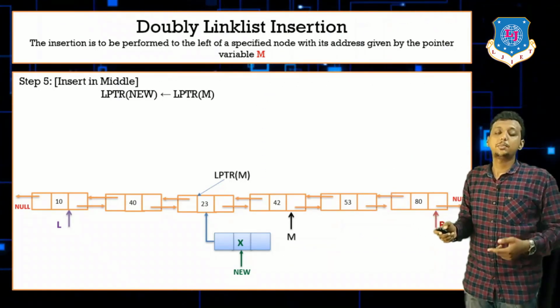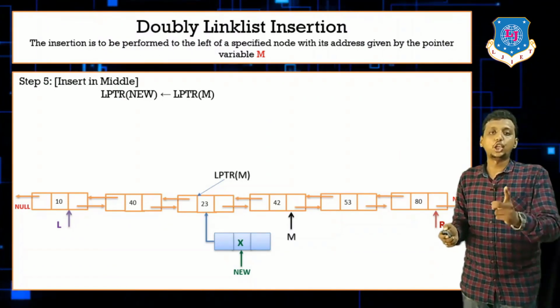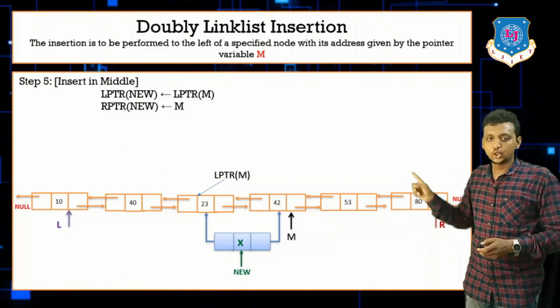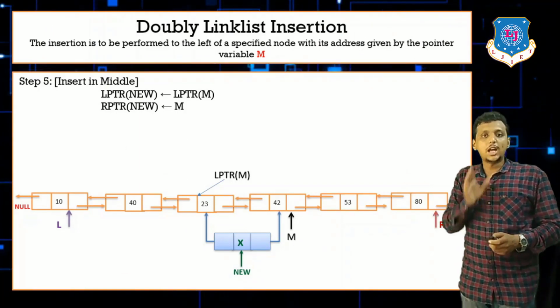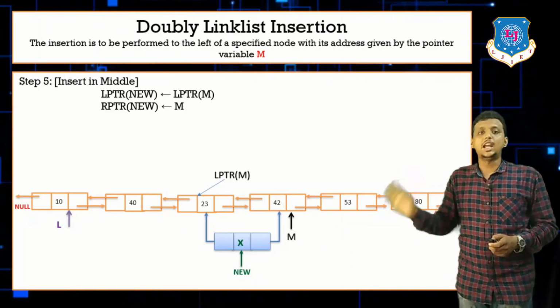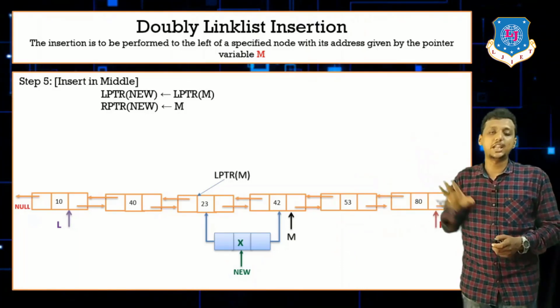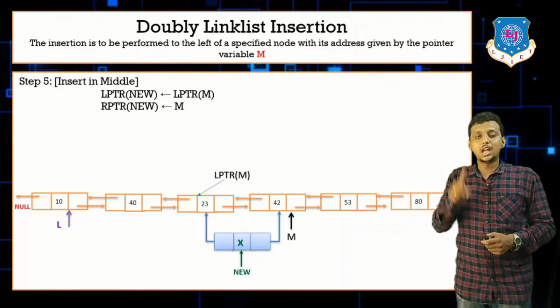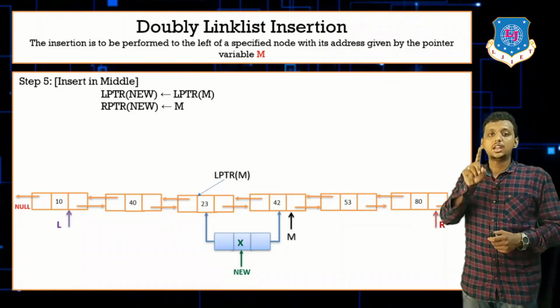Okay, and the next step is RPTR of new is pointing to M. So here it is, RPTR of new is pointing to M, and LPTR of new is pointing to LPTR of M. Both links are connected. Now what to do? Just think carefully.